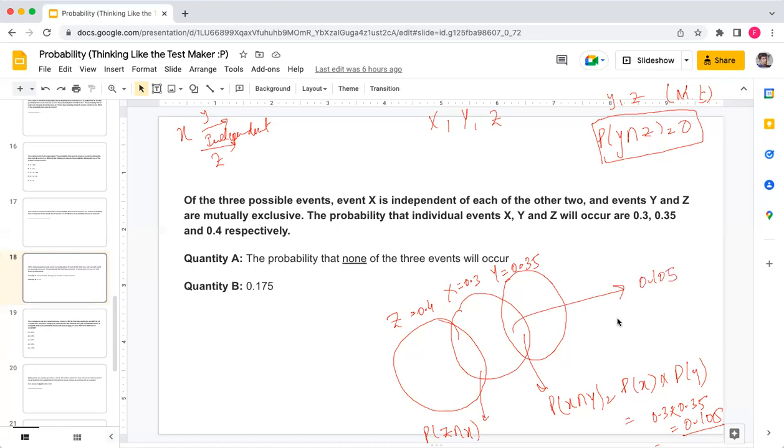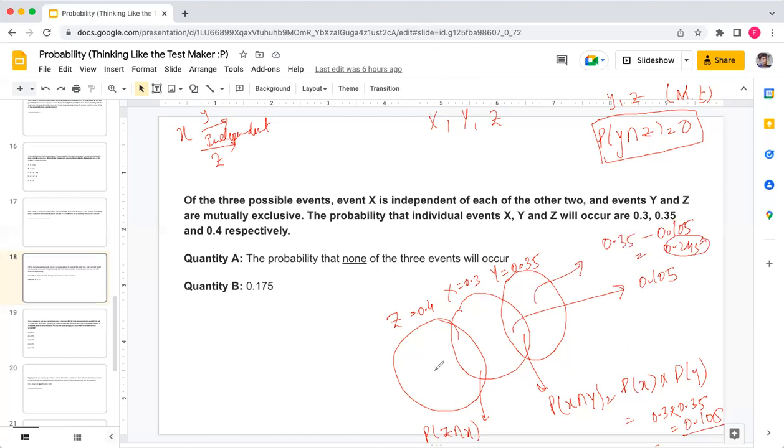If this thing is 0.105, what will be this thing? This will be 0.35 minus 0.105, which is equal to 0.245. So if you sum 0.245 and 0.105, this whole thing will be equal to 0.35.